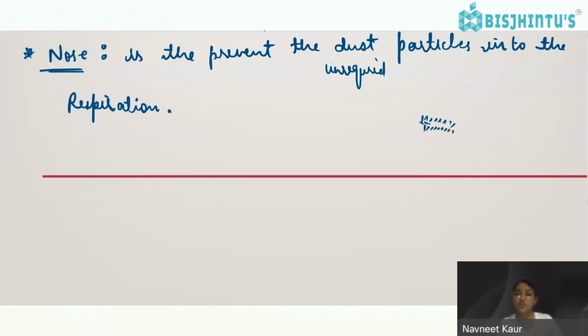If any dust particle enters, these hairs will stop the entry of that particle, right? So that is why it is said that the nose is responsible to prevent the entry of some particles or dust particles in the respiratory system, in the process of respiration.